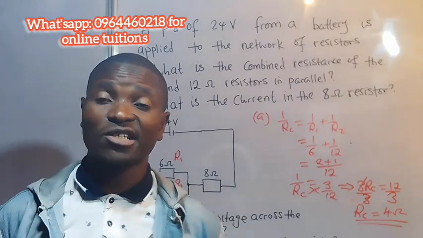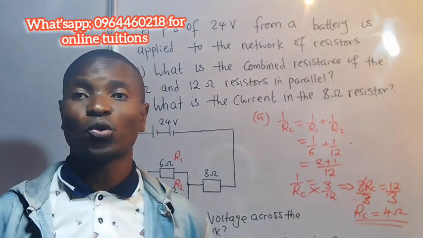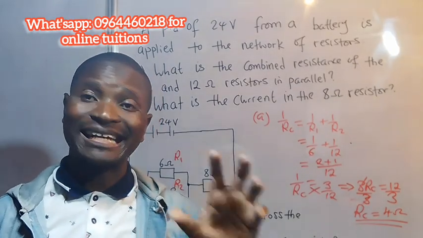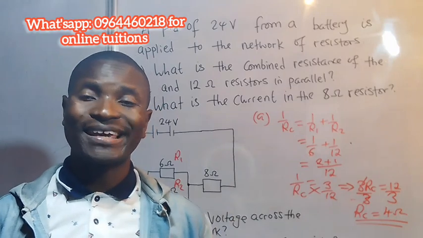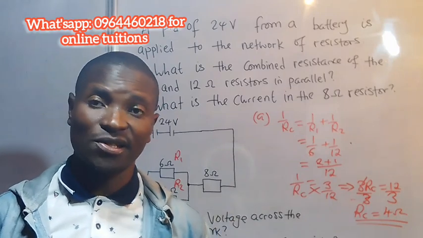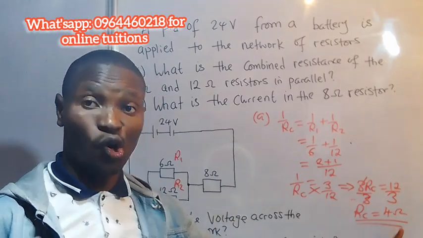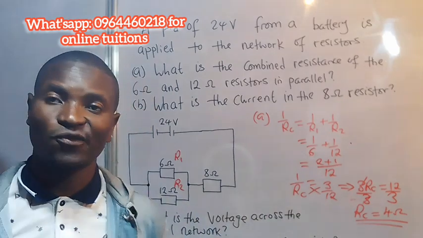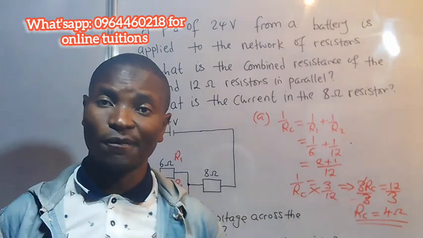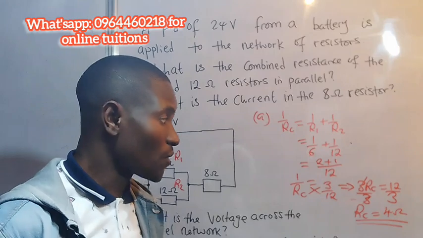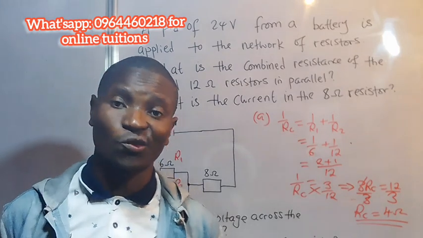So this means that you get the combined resistance between the 12 ohm resistor and the 6 ohm resistor: you get 4 ohms. So that is the combination of the 6 and the 12 ohm resistances, and that is the answer to question 1.